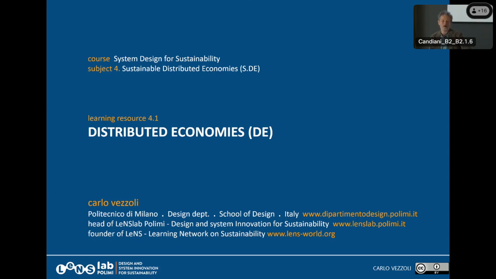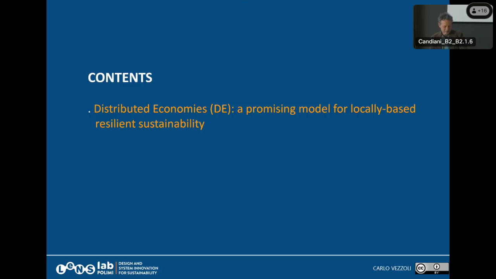Let's start to speak about distributed economy. We will see who firstly defined this as a promising model for locally based resilient sustainability. Then we will see the main types and examples of distributed economy to get an idea of what we are talking about, because maybe you are familiar with it, but I'm not that sure.